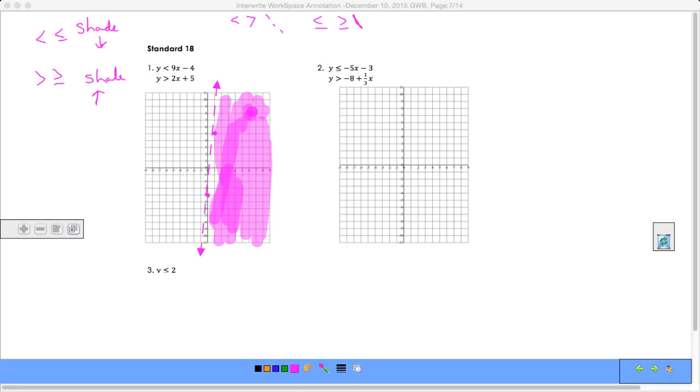Okay, and then for the next one, I'm going to start at positive 5. I'm going to go up 2 over 1 because my slope is 2. And because there's no line underneath, I know it's a dotted line.